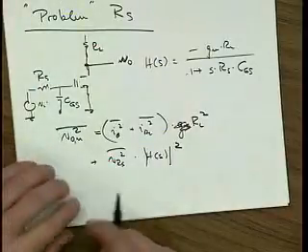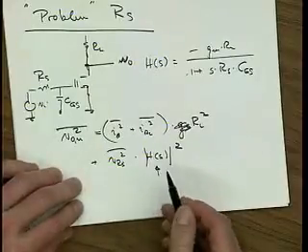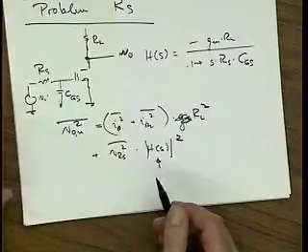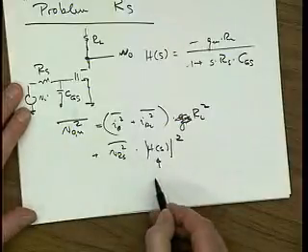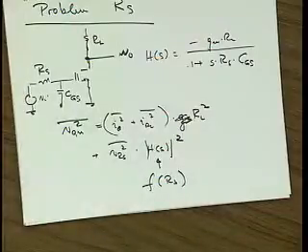Now, I could expand this a little bit further, but the point is that this thing here is a function of RS. The amount of noise that we're getting from this amplifier depends on RS.